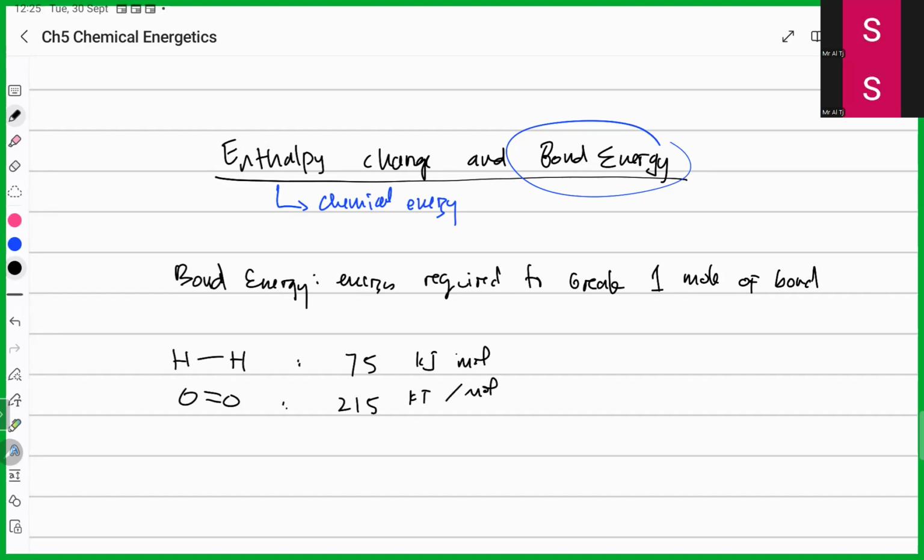The idea is this. Whenever we break a bond that's already present, we need energy. Hence, by definition, bond energy will be a positive value. It's a requirement. Now, on the other hand, the same amount of energy will also be released if we make the bond.